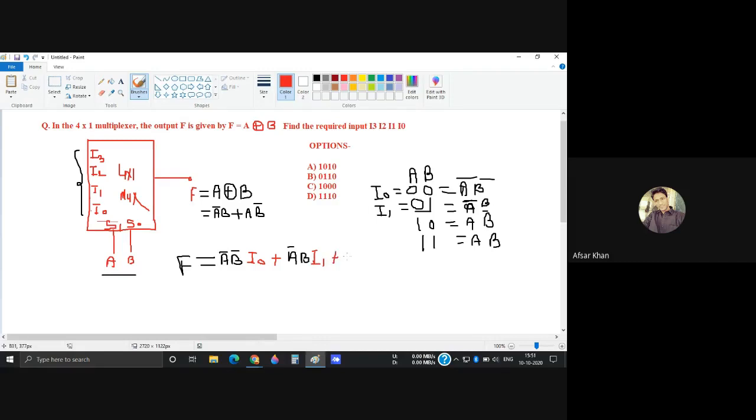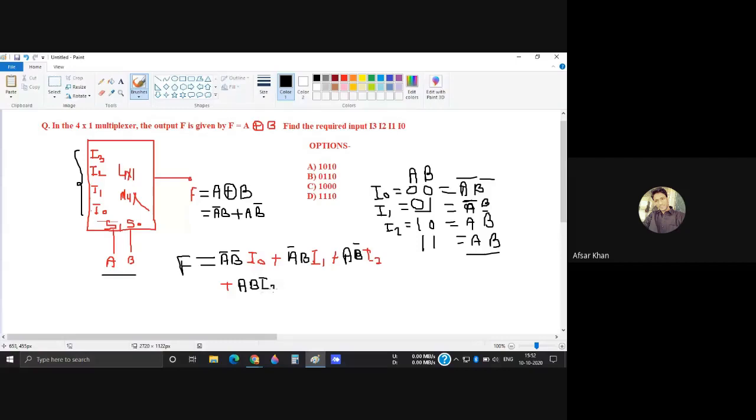Similarly, plus 1 0 means AB bar with I2. Plus what is remaining now? AB with I3.